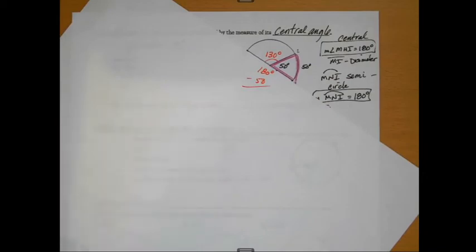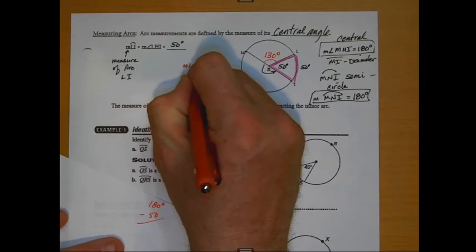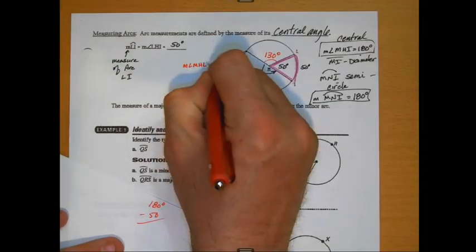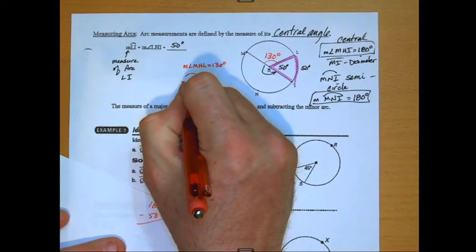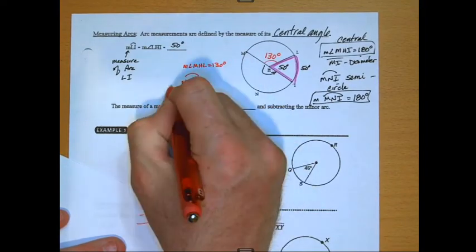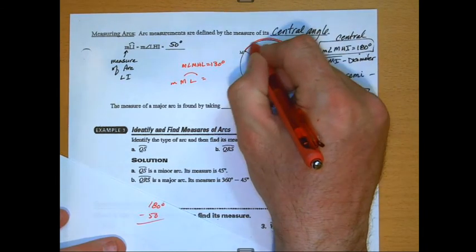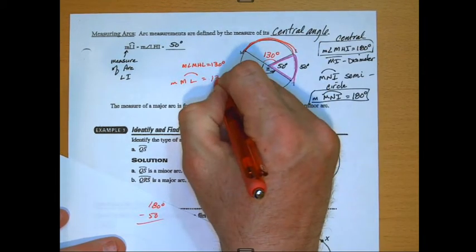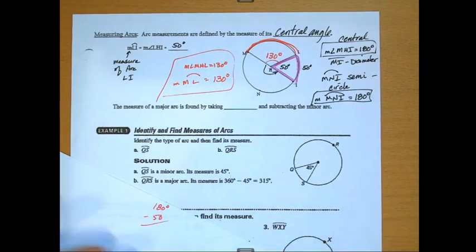So my central angle MHL is 130 degrees, which means that my arc from M to L, because it is less than 180 degrees, is also going to be 130 degrees.